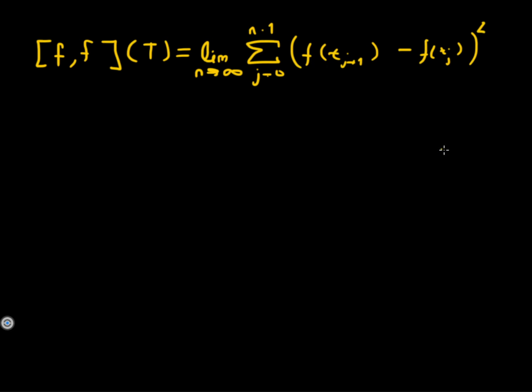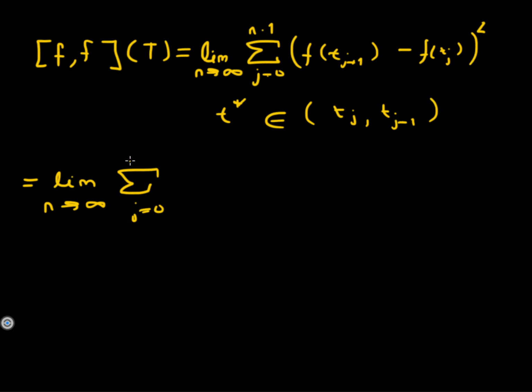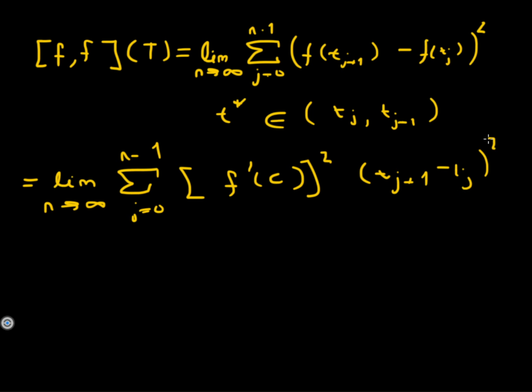Alright, so we'll define t star, which is an element of [t_j, t_{j+1}]. And we'll make it so that the equation becomes the limit as n tends to infinity of the summation from j equals 0 to n minus 1 of f prime of c squared times (t_{j+1} minus t_j) squared.